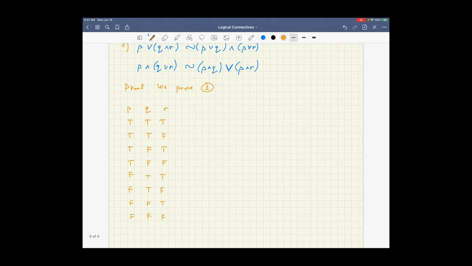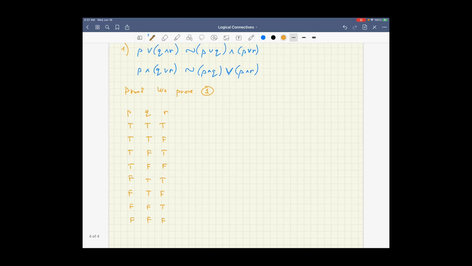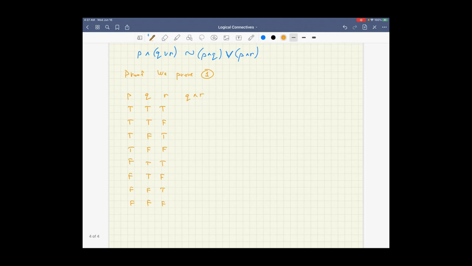Now let's make a column for Q and R. Remember, Q and R is true if and only if both Q and R are true, and it's false in all other situations.